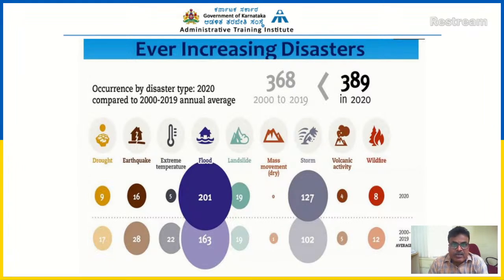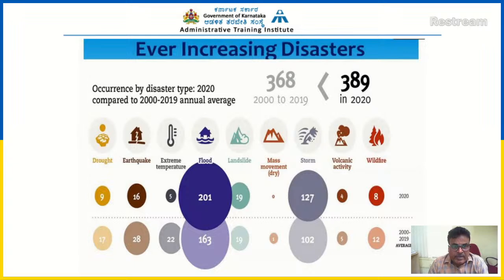You can see flood and storm, which both come under the hydrometeorological disasters, are more in number as compared to other disasters. So this can also be attributed to the change in the climate over the last many years.